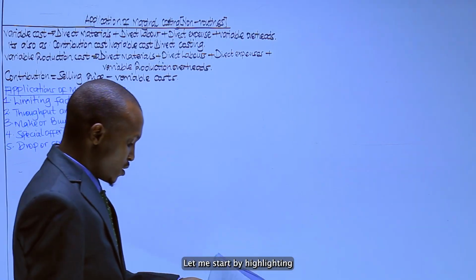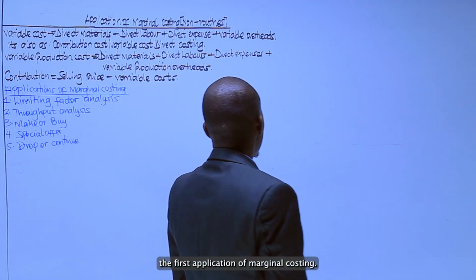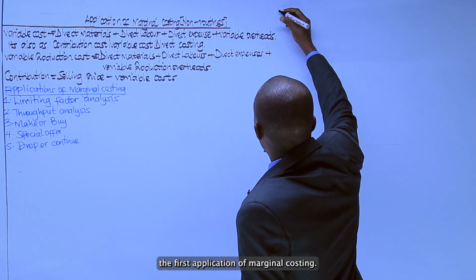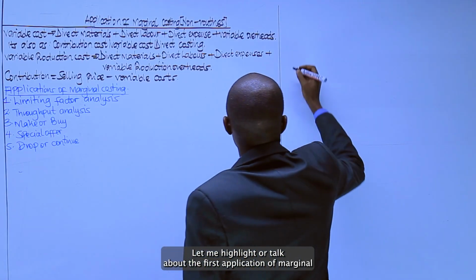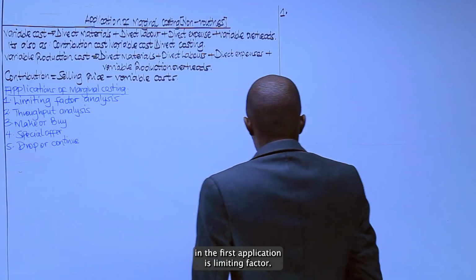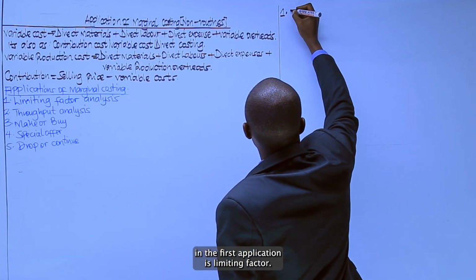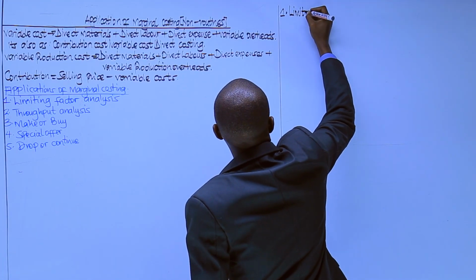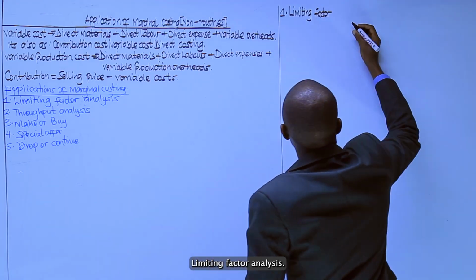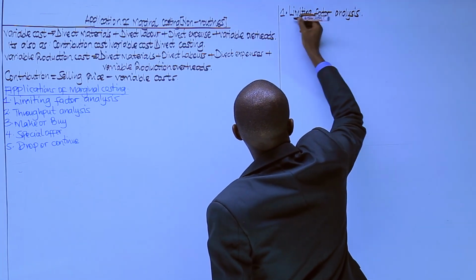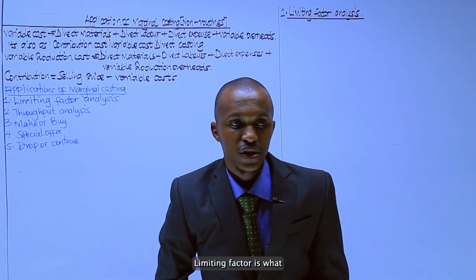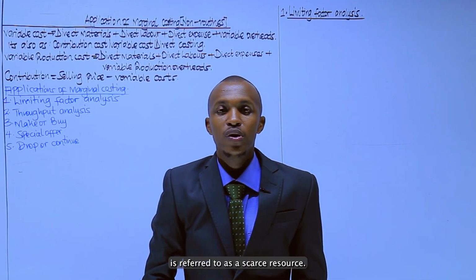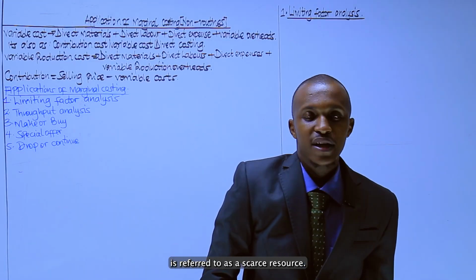Let me start by highlighting the first application of marginal costing, and the first application is limiting factor analysis. Limiting factor is what is referred to as a scarce resource.